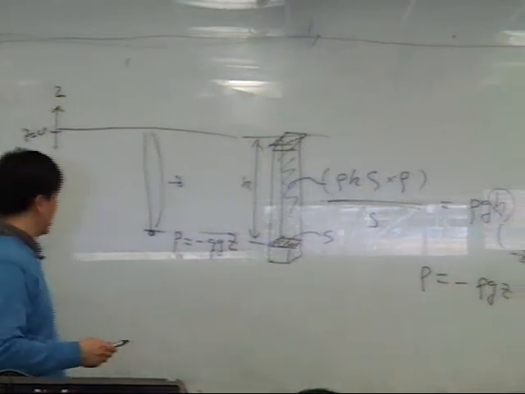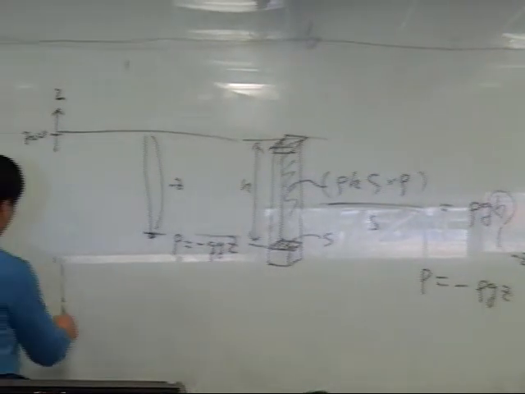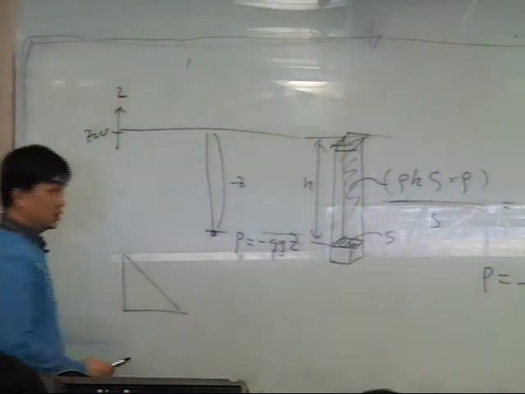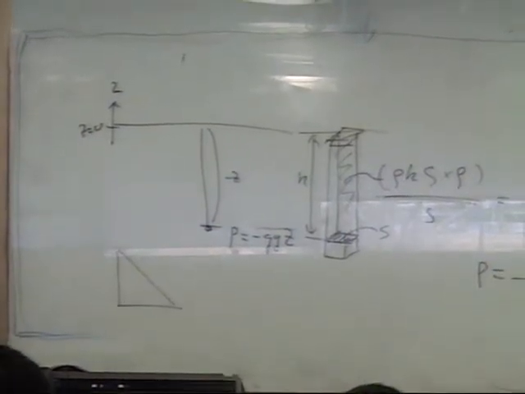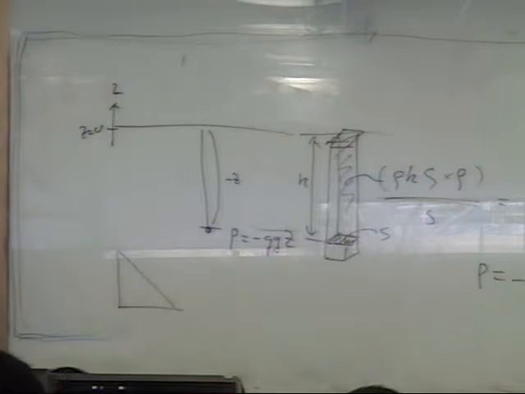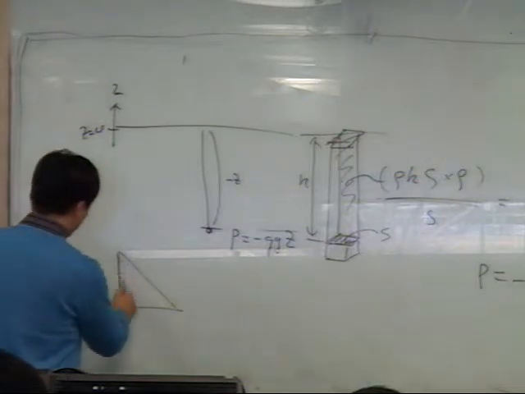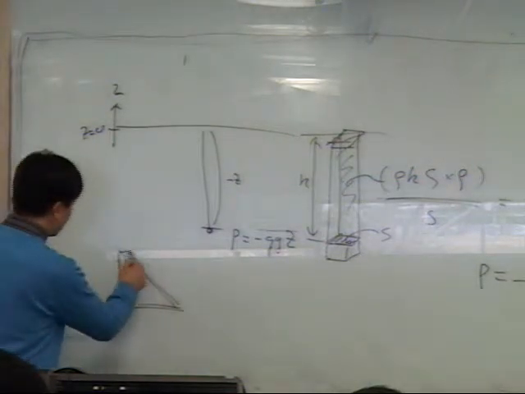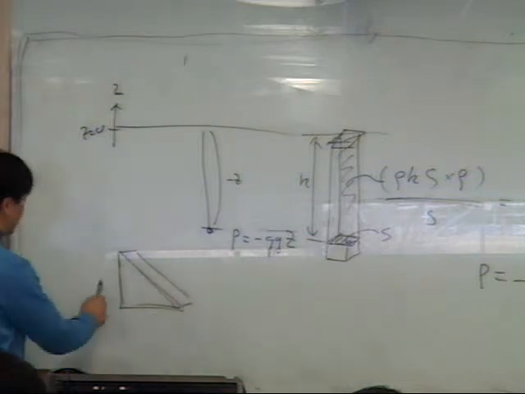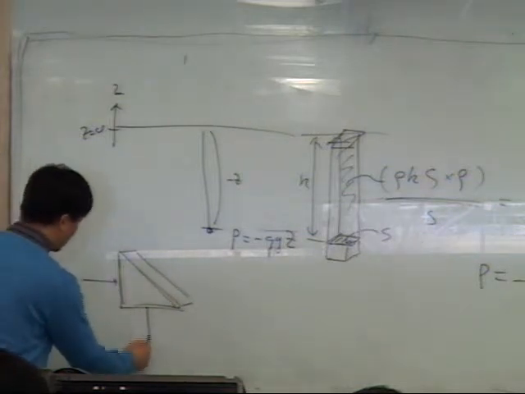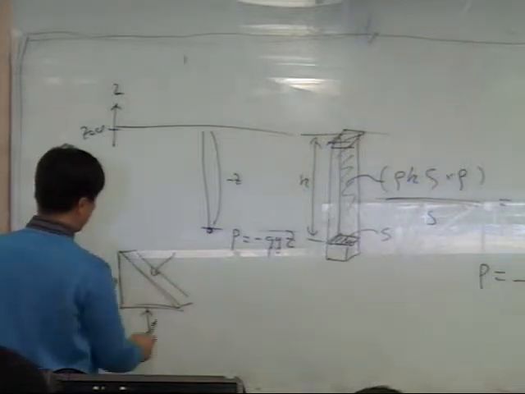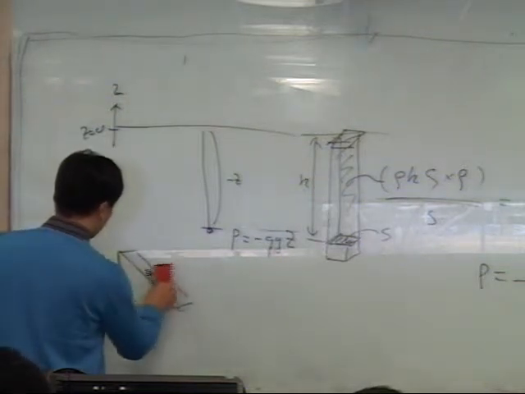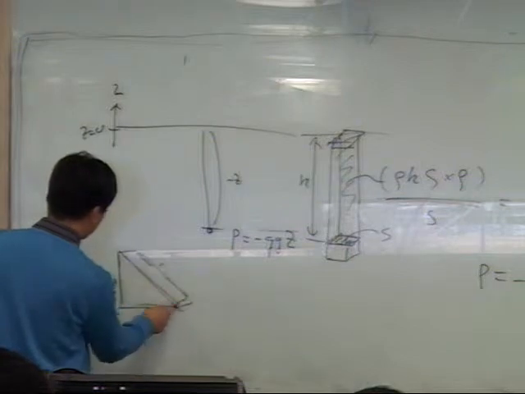And then we can also prove the fact that the direction of that hydrostatic pressure is always normal to the surface. We can think of a triangle like this, and then calculate the pressure at these three surfaces.